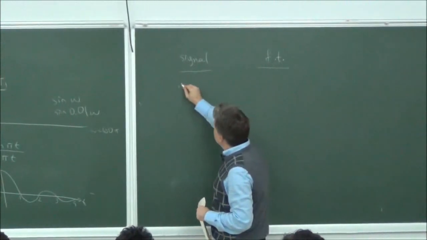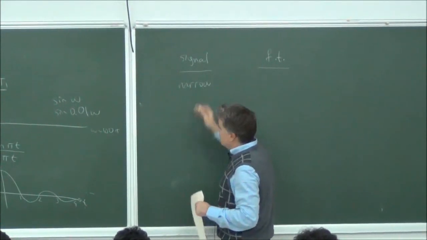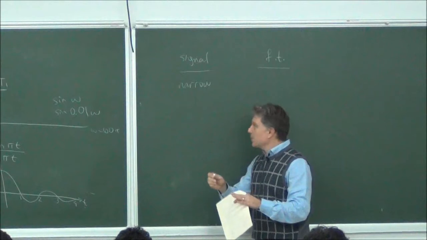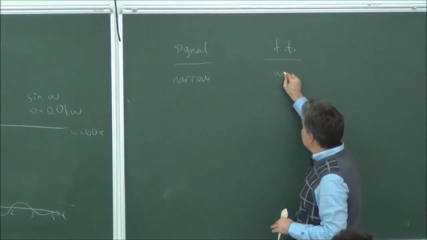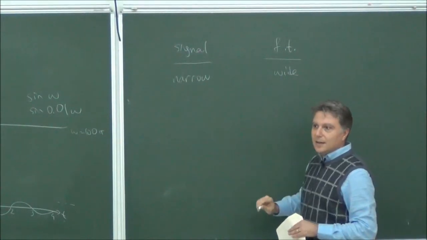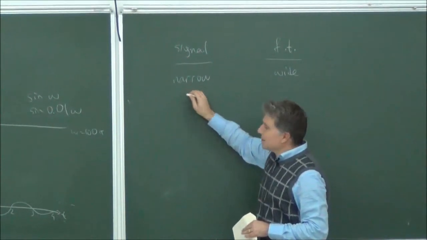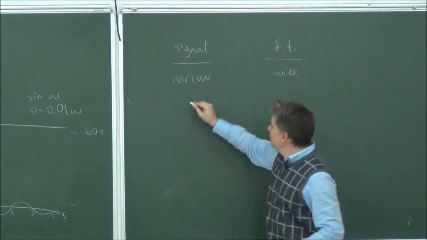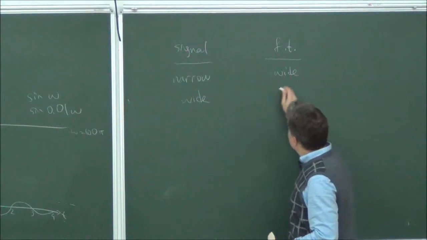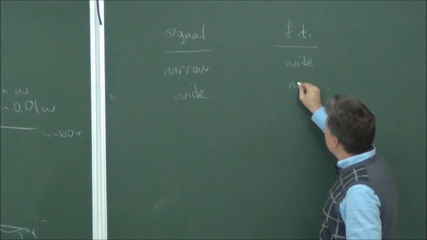If the signal is squeezed narrower and narrower, the Fourier transform becomes wide. And conversely, if you make the signal wider and wider, you make the Fourier transform narrow.